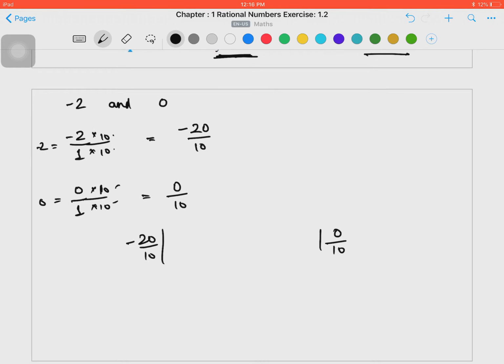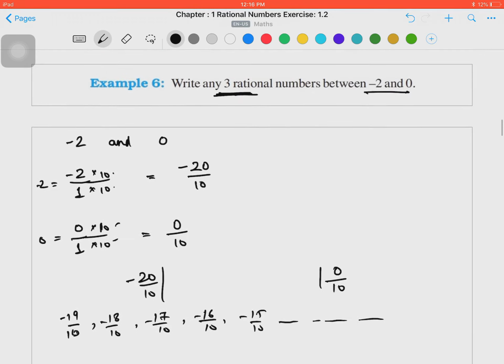The rational numbers between these two numbers can be -19 by 10, -18 by 10, -17 by 10, -16 by 10, -15 by 10, and so on till -3 by 10, -2 by 10, and -1 by 10. After that, we'll have the 0 by 10.